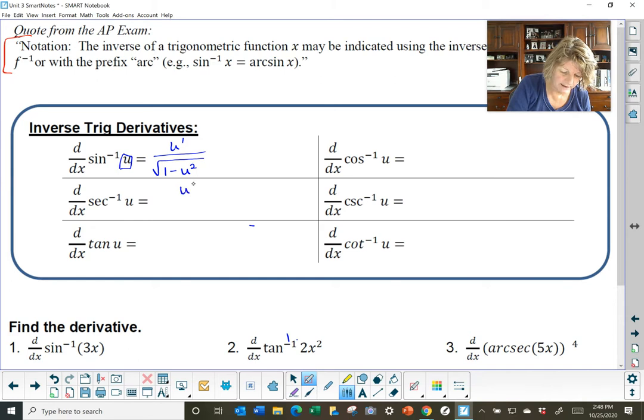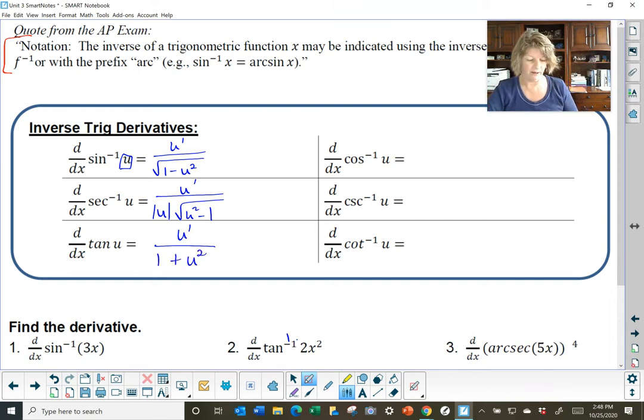Secant inverse is u prime over absolute value of u times square root of u squared minus 1. And tangent, with that chain rule idea, we have a u prime there, and it's over 1 plus u squared. So a little bit easier there, 1 plus u squared, no square root.